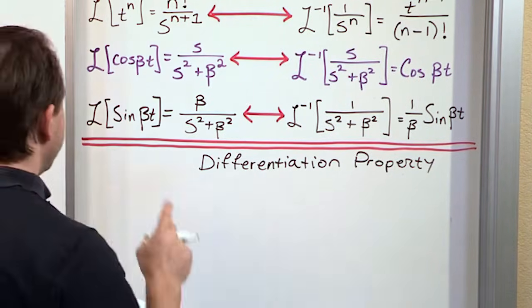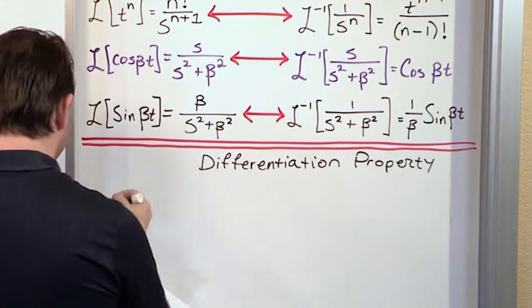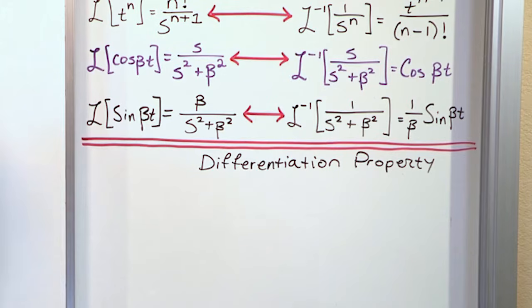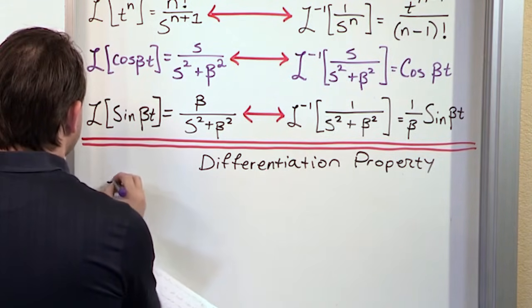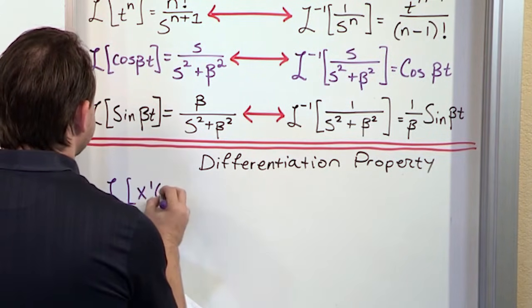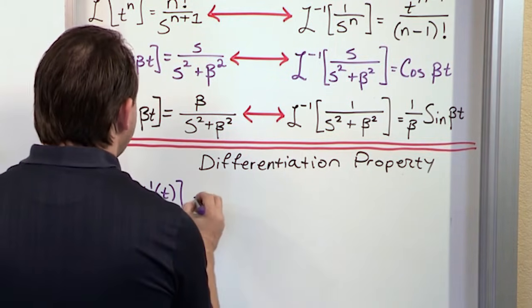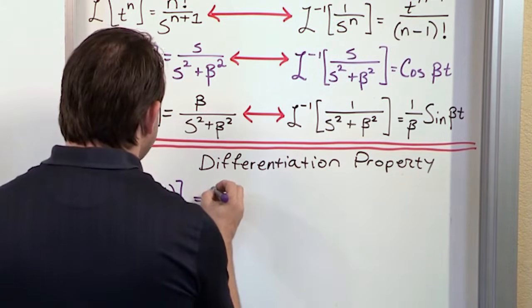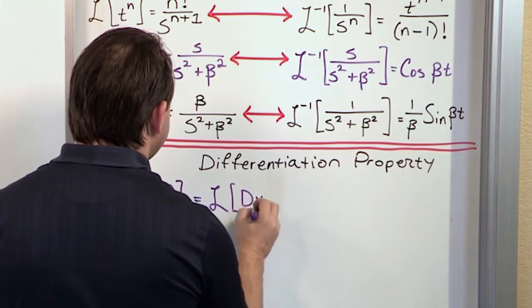And basically what it boils down to is, let me switch colors. Sometimes I like to break the board up with colors. If you have a Laplace transform operating on a first derivative of time, like this, right? Then notation-wise, I'm just going to write it out for you. It's exactly the same thing as the Laplace transform with a capital D operating on x of t.